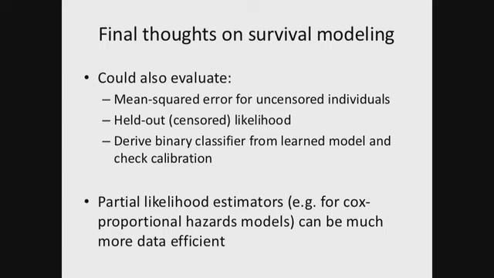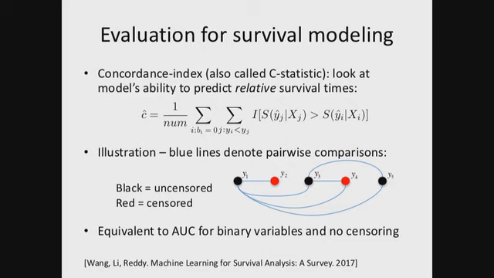Now, at a very intuitive level, what this partial likelihood estimator is doing is it's working with something like the C statistic. So notice how the C statistic only looks at relative orderings of events, of their event occurrences. It doesn't care about exactly when the event occurred or not.